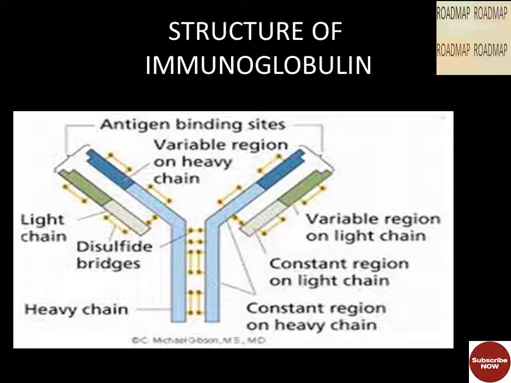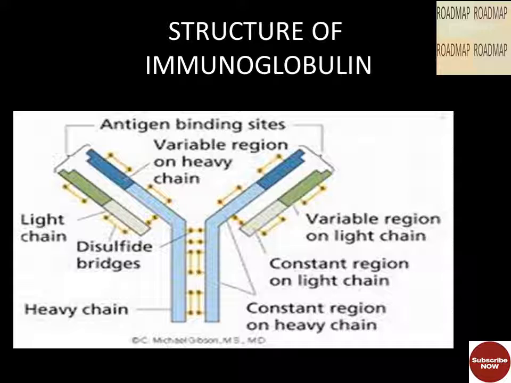Now coming to the constant and variable regions. Each chain of immunoglobulin has two regions or domains, the constant and the variable. The amino terminal half of the light chain is the variable region, while the carboxy terminal half is the constant region.